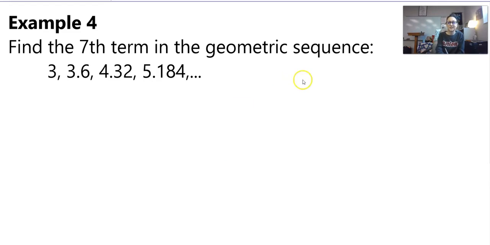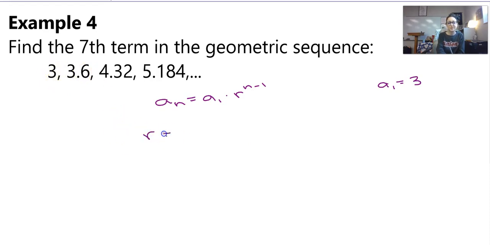All right, so we want to know the 7th term in this geometric sequence. Well, our general formula says to find the nth term, start with your first term, and then multiply by r n minus 1 times. Well, I've got a sub 1. What is a sub 1? A sub 1 is 3. Now I need to find r. Well, I know that 3 times r is 3.6, right?